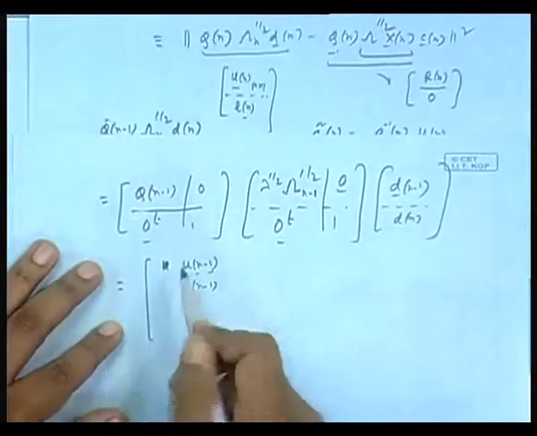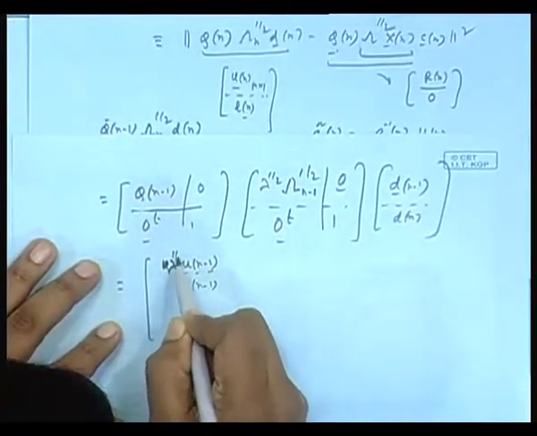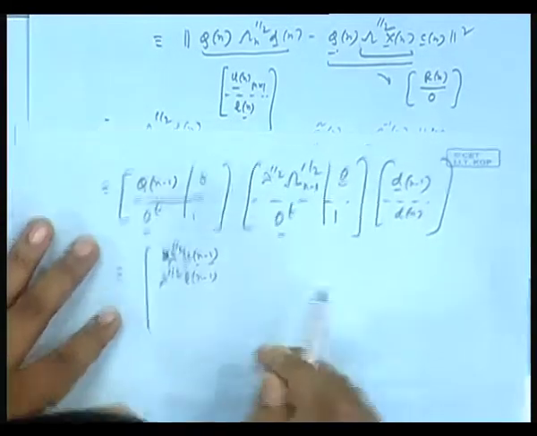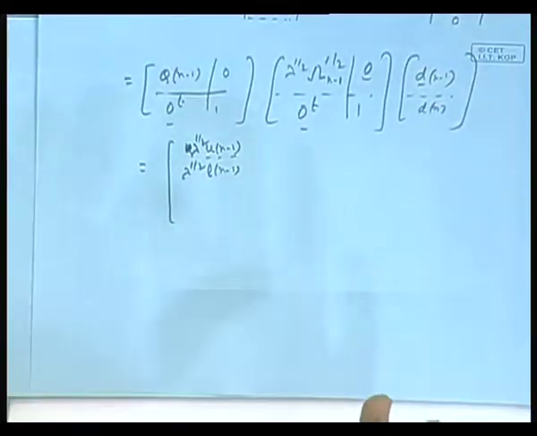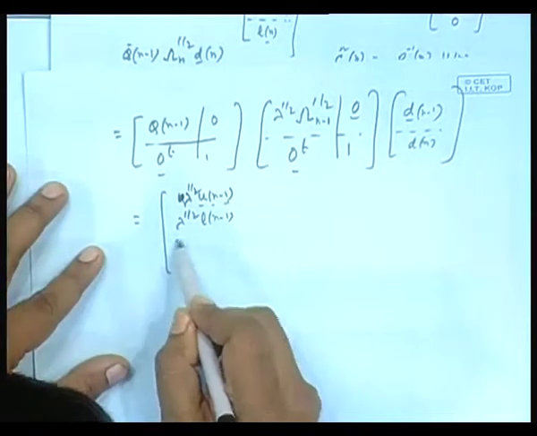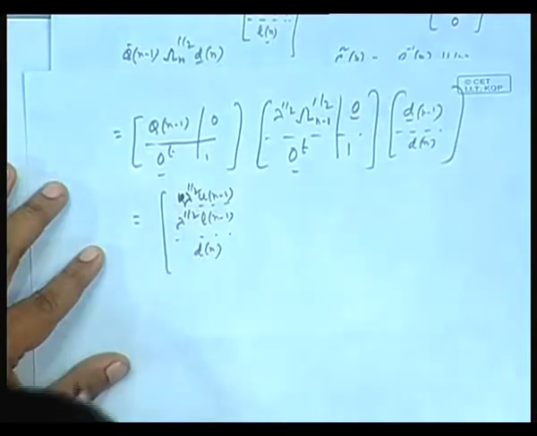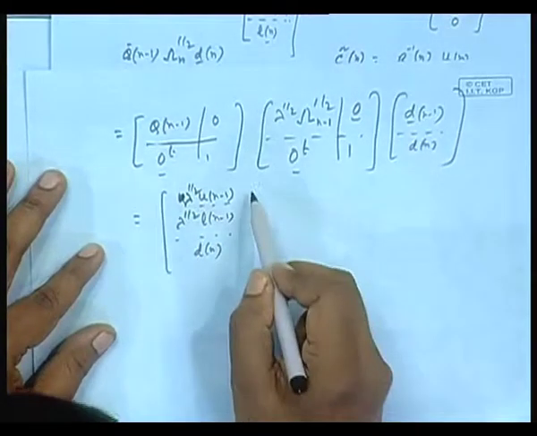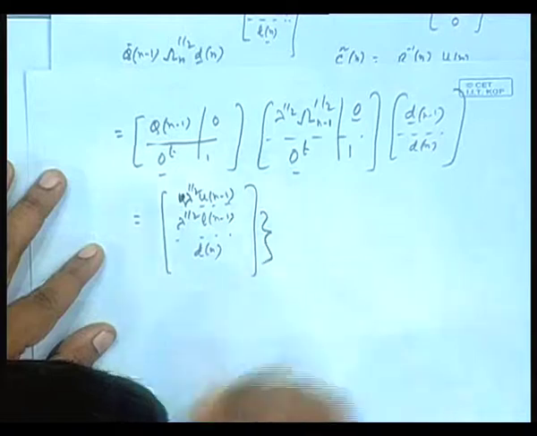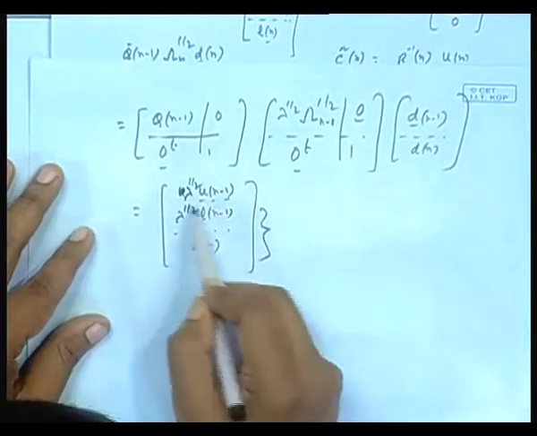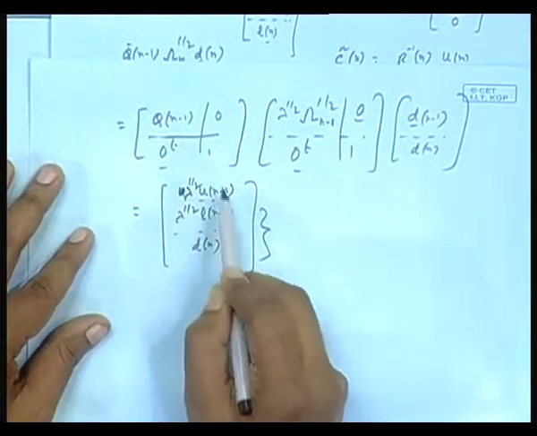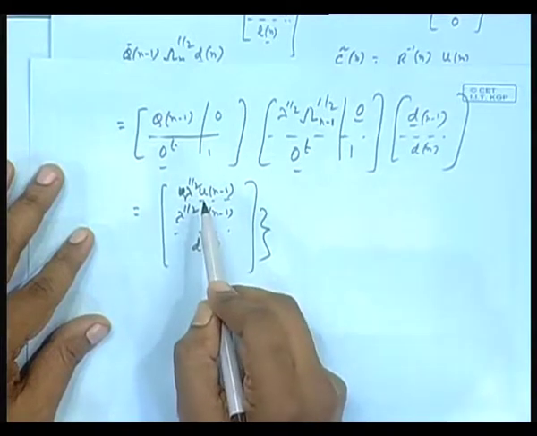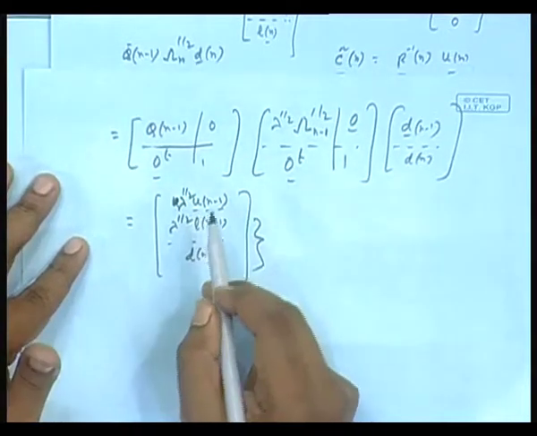Honestly, the lambda to the power half factor has to be brought in now. Isn't it? And the last guy d n. So, this part is your, because this is m cross m, this is m cross m, always m cross m for any index.